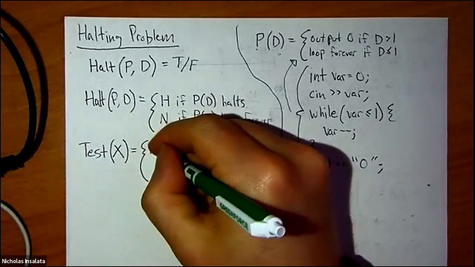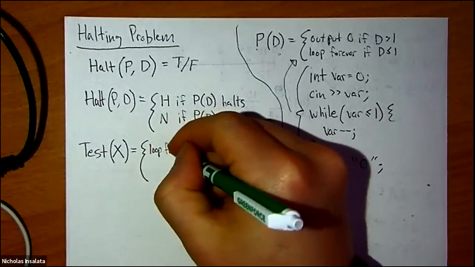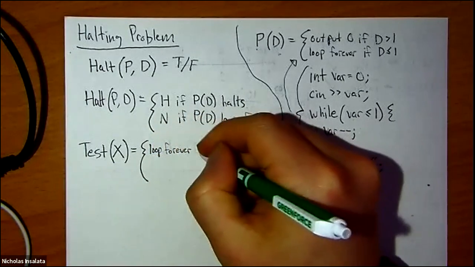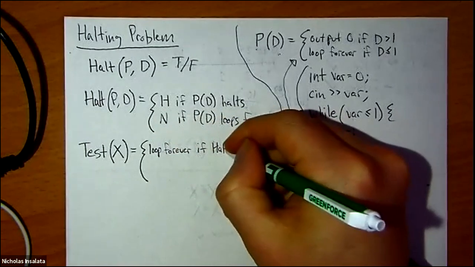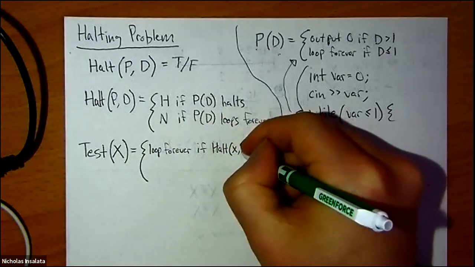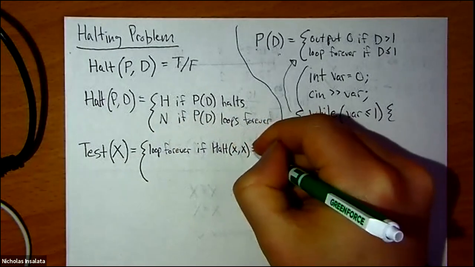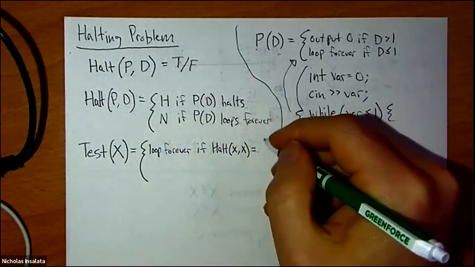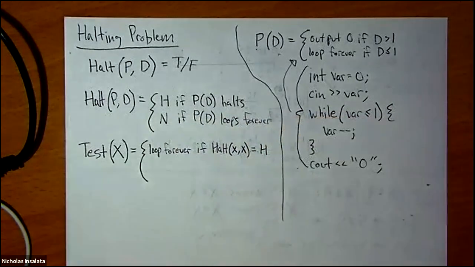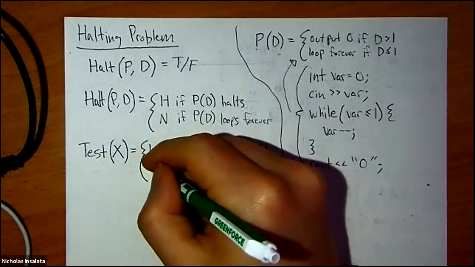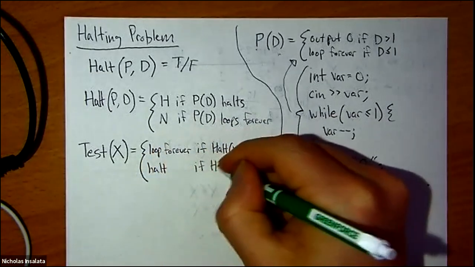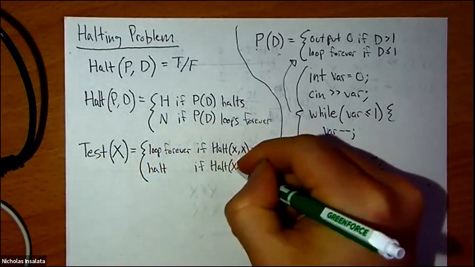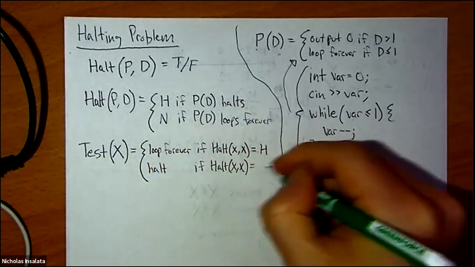It's going to loop forever if halt of x, x equals H. And it's going to halt if halt of x, x equals N.